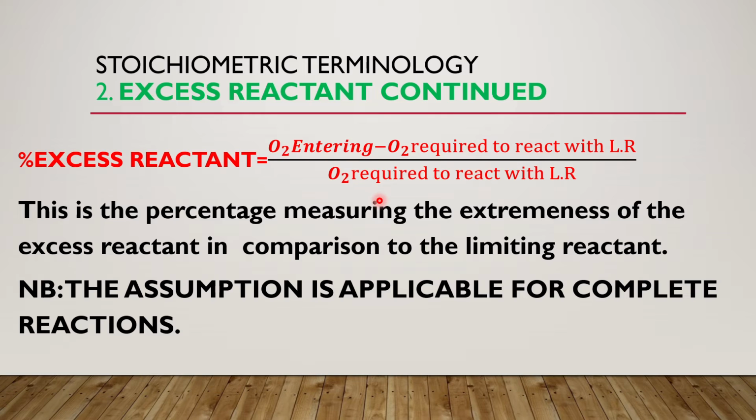The assumption is applicable for complete reactions. In this case, the excess was oxygen. So you subtract the excess reactant required to react with the limiting reactant, divided by the excess reactant that is required to react with the limiting reactant. That's where you get your percentage excess.